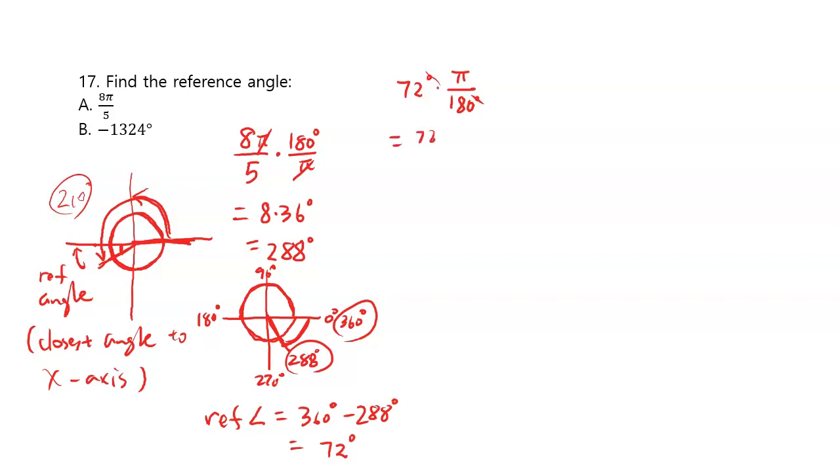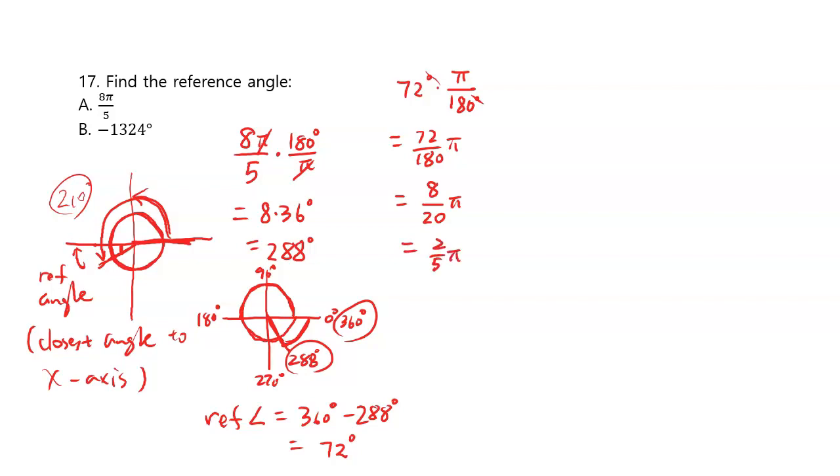So you have 72 over 180 times pi. I know that top and bottom are divisible by 9. 9 times 8 is 72, and 9 times 20 is 180. And then 8 and 20 are both divisible by 4, so it's 2 over 5 pi.